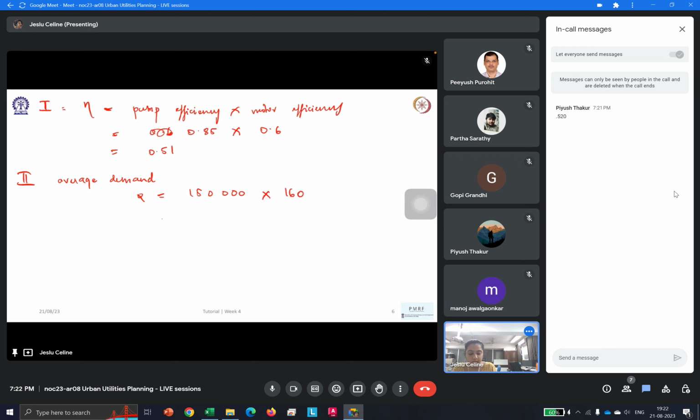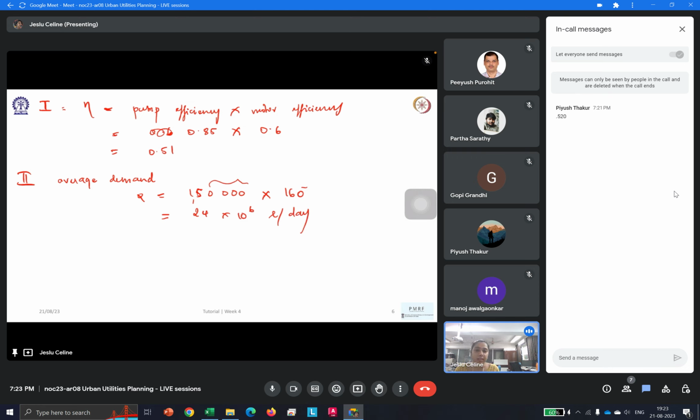Can you calculate this and tell me how much this is? Yeah, 0.51, 0.52, it's okay. So we're taking it as 0.51. And now the overall demand works out to around 24, taking all the zeros together. So this will be 24 into 10 raised to 6 liters per day.